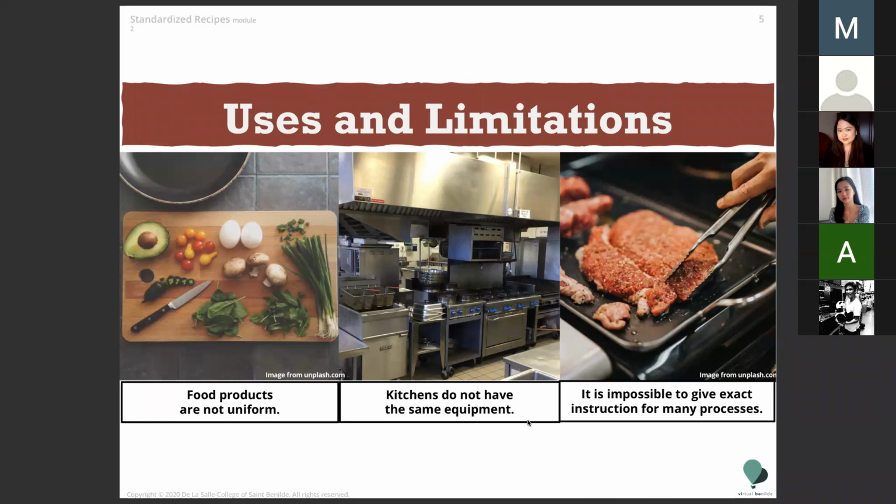Is it big, small, or medium size? What is the weight? Or, let's say, is it a white onion or a red onion? So you always have to adapt or adjust to the needs of the recipe, and sometimes also to the availability of the ingredients in your area.